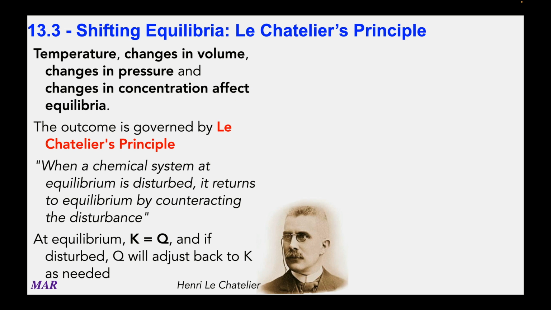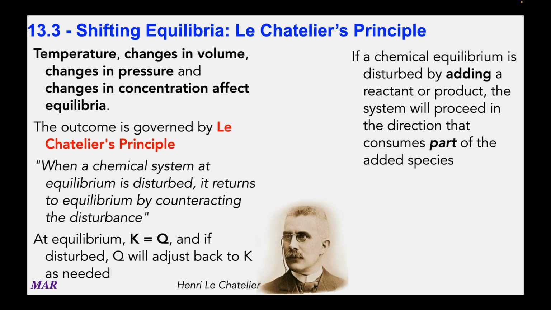But anyway, at equilibrium, Q and K are the same, and so if they're disturbed, the Q will just change back to the K as necessary, and I'll talk about that more here in a little bit. A chemical equilibrium system can be disturbed by adding a reactant or product, and if you add a reactant or product, the reaction's going to shift to the other side of the reaction, all right?